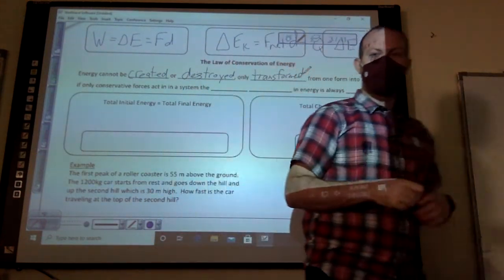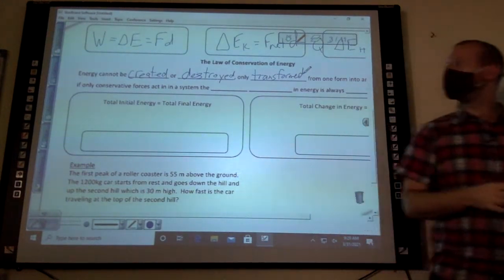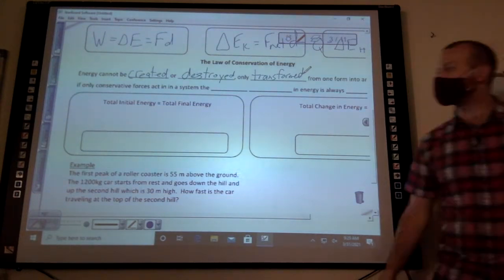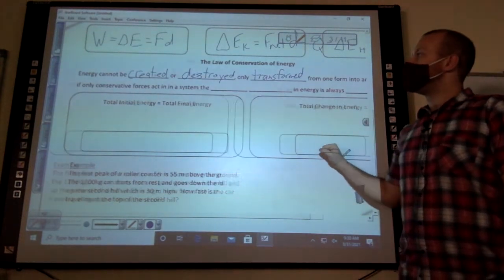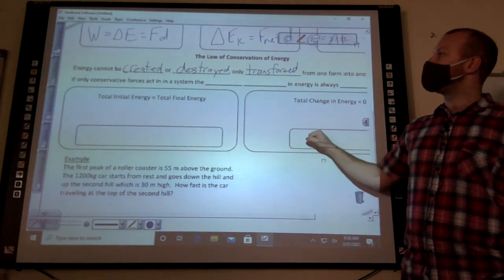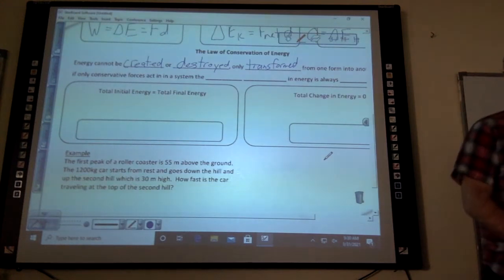So transformed or changed from one form to another. So the theory is that energy has been the same since the beginning of the universe, it just gets transferred from one to another. Therefore, if we have only conservative forces, do you know what conservative forces are?